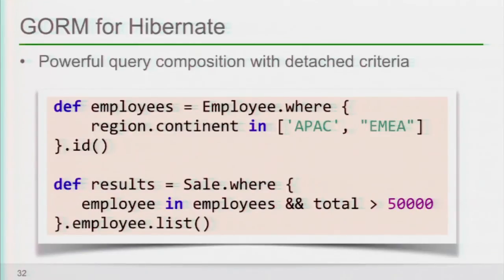Most database libraries force you to use methods for greater than or less than. In this case, I'm using the native in operator. I'm using and. I'm using greater than to define my query that gets executed against the database. So GORM is hugely powerful.